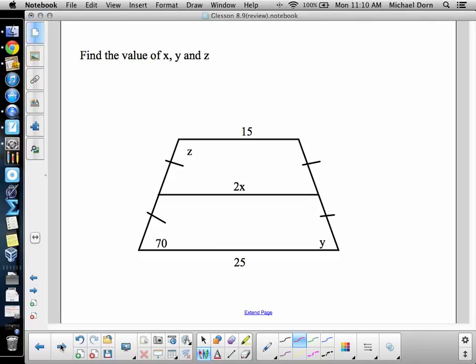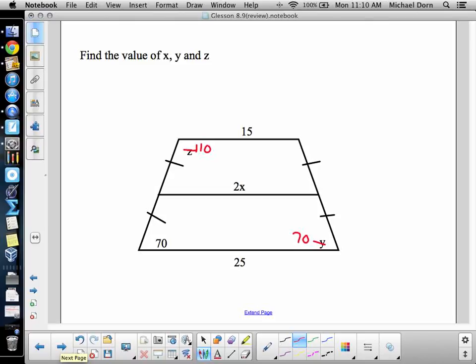Find the values of x, y, and z. These aren't too bad. It is an isosceles trapezoid, as you can tell. So if this angle down here is 70, what's angle y got to be? 70. How about angle z? 110, because it has to be supplementary.